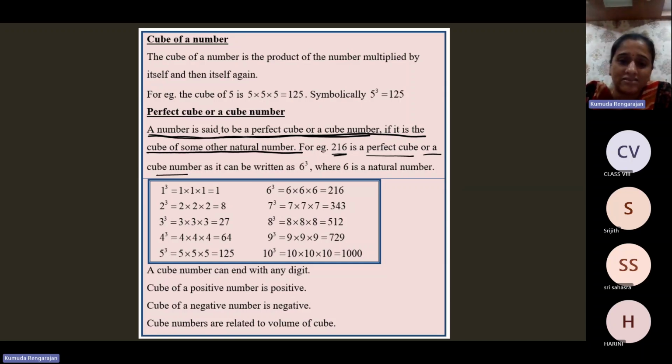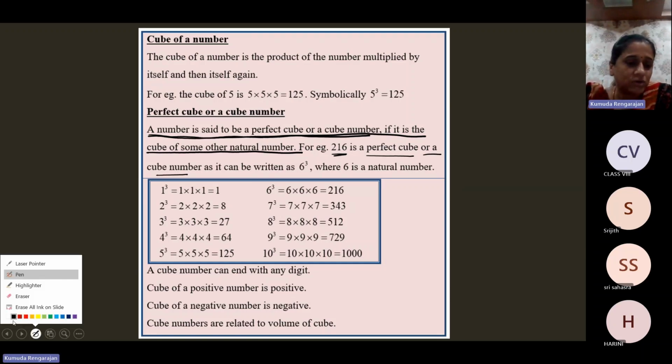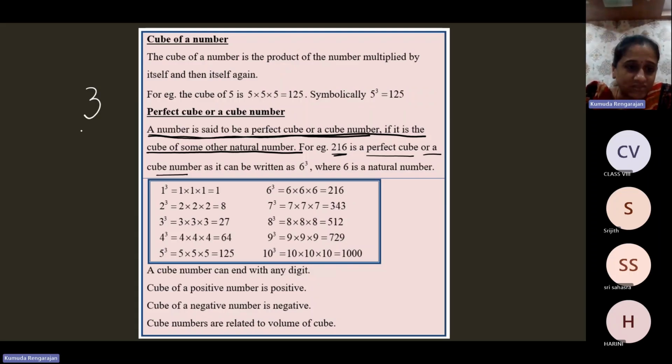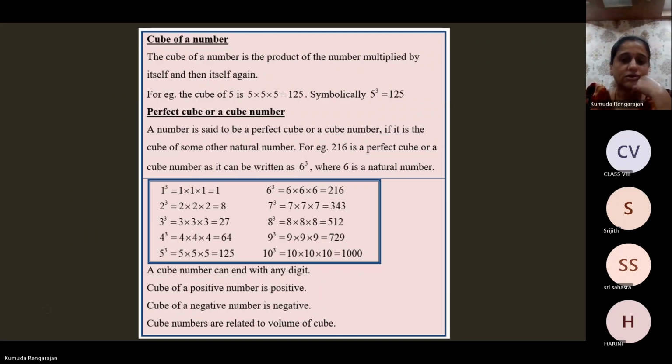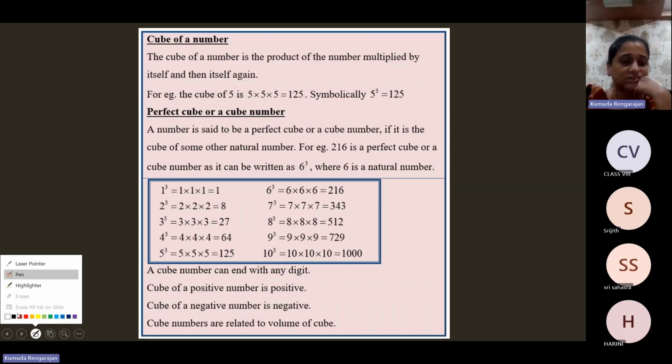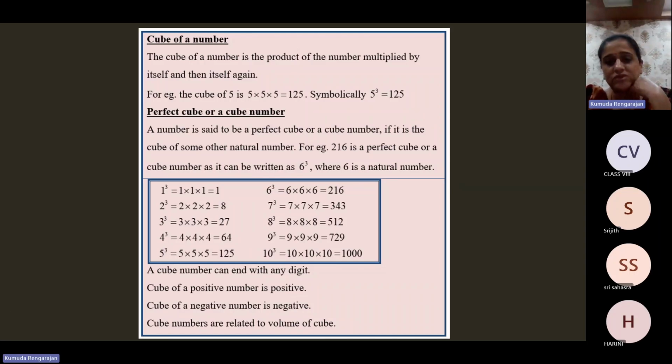Because it can be written as the cube of some other natural number. Two hundred and sixteen is a perfect cube or a cube number because by the definition, it can be written as a cube of some other natural number.